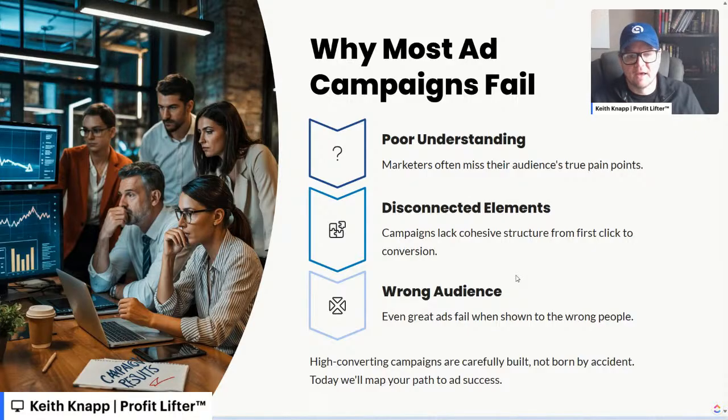Another reason campaigns fail so much is disconnected elements. Campaigns lack a cohesive structure from first click to conversion, meaning it just feels disjointed. There's no real path to moving through a journey. It's like you just hope they opt in, you hope you get their information, and then you hope they buy.